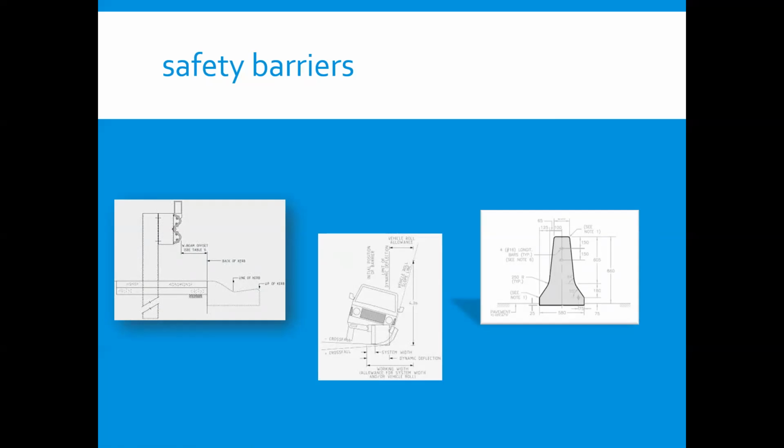The three main types of barriers used throughout Australia and New Zealand are concrete safety barriers, guardrails, and wire rope barriers. The guardrails and the concrete safety barriers, or New Jersey barriers, are typically installed in the central median, as shown in full profile on this slide.